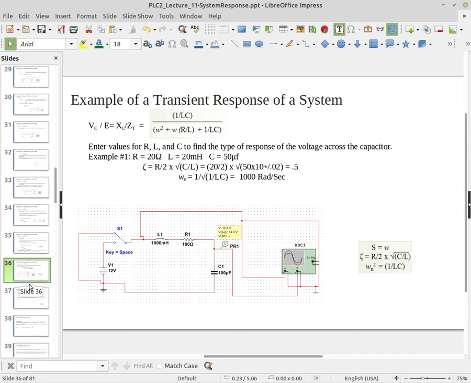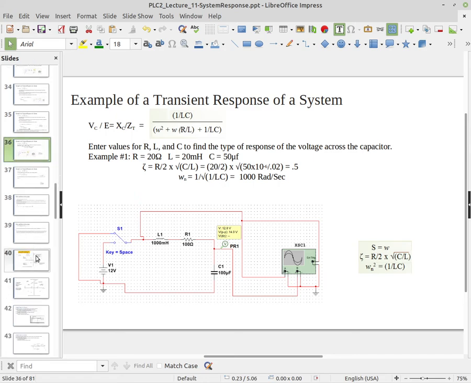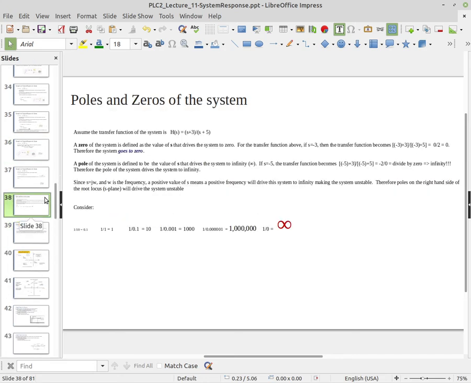All right, so just some algebra here. But when we look at this system, we talk about poles and zeros. Now, if you look in there where we saw omega n, if you replace omega with an s, that's basically what this is.